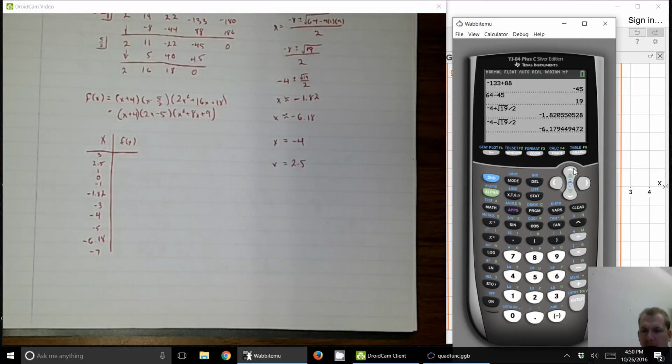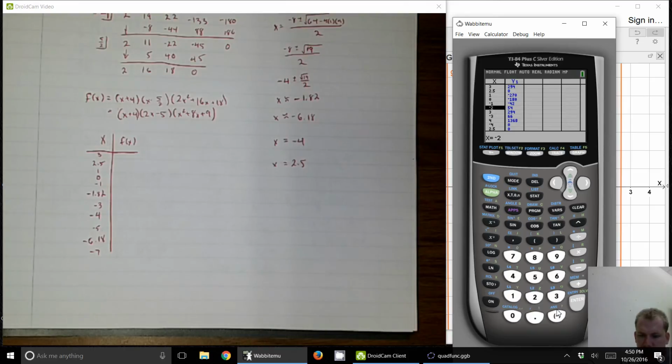So let's go back to our table. I'm not going to just delete all these, I'm just going to overwrite them. So 3, 2.5, 1, 0, negative 1, negative 1.82.